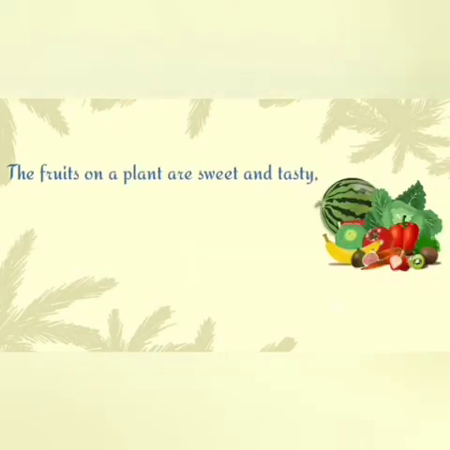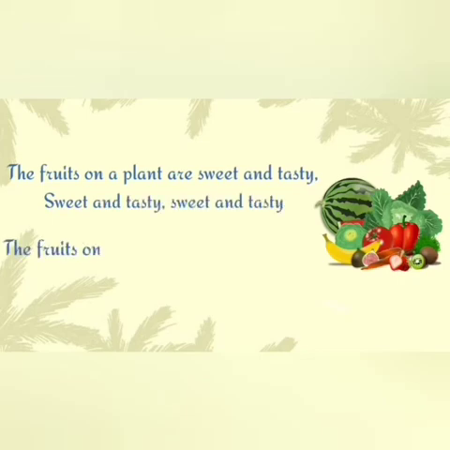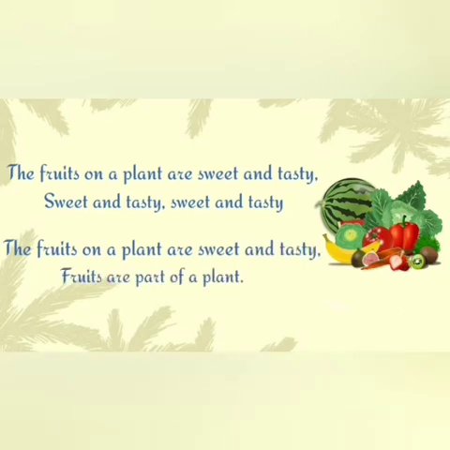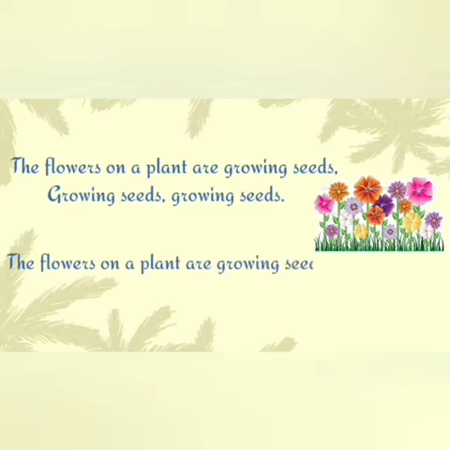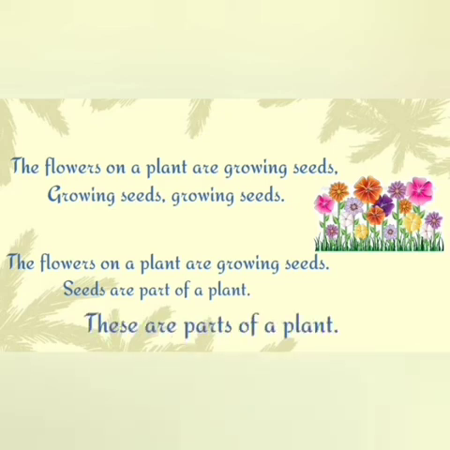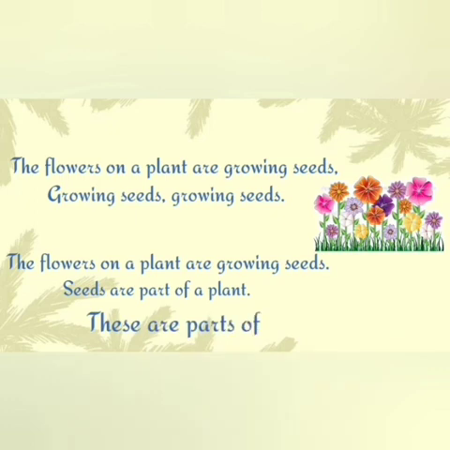The fruits on a plant are sweet and tasty. Fruits are the part of a plant. The flowers on a plant are growing seeds. Seeds are the part of a plant. These are the parts of a plant.